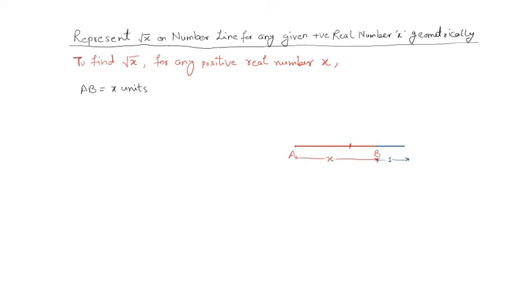Now from B, mark a distance of 1 unit and mark the new point as C. Now find the midpoint of AC and mark that point as O. This is the midpoint of line AC and this will be the point O.